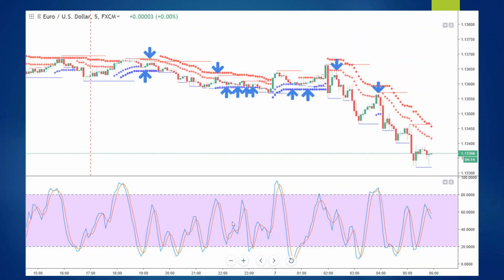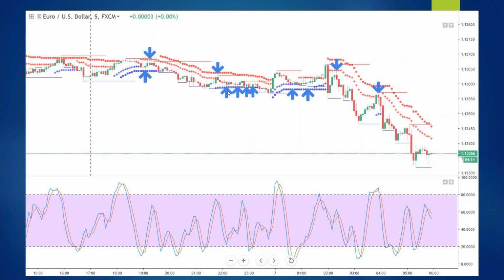Now, this is an example. It's a Euro US dollar chart, 5-minute chart. Okay. So it's very quick. And you can see, if you're just using either the plus sign or the dot for entry with, let's say, a bullish bar, you had an entry long here, entry short here.